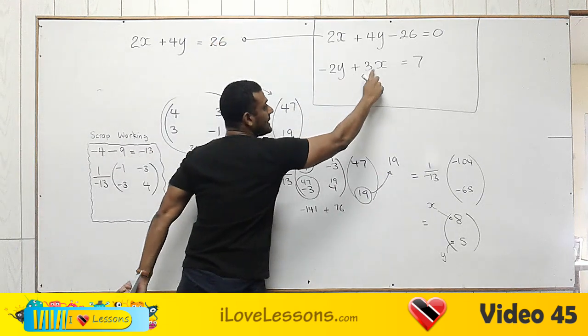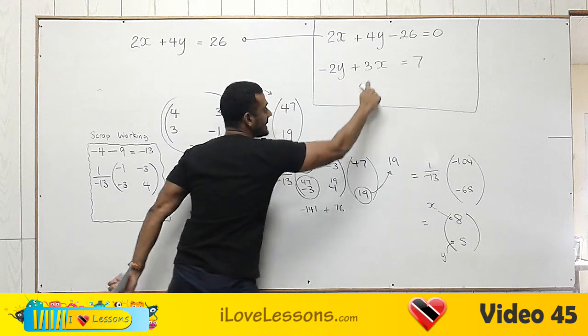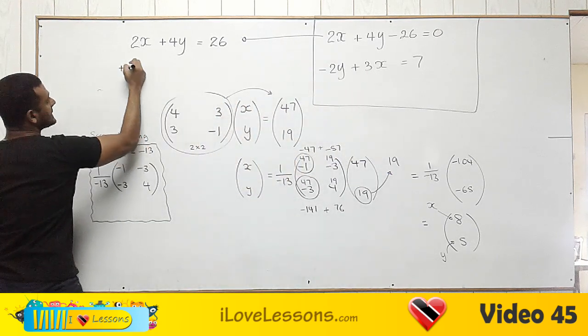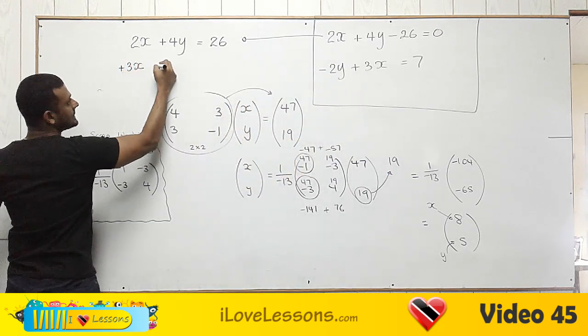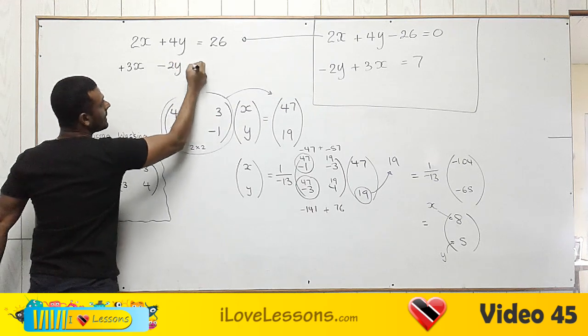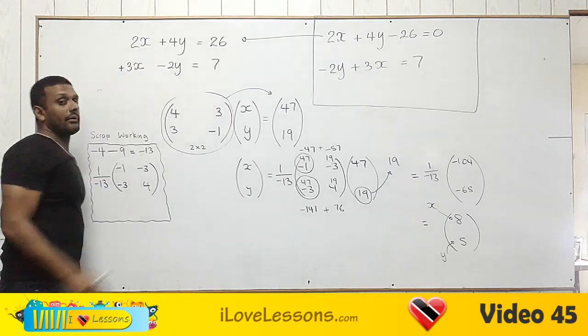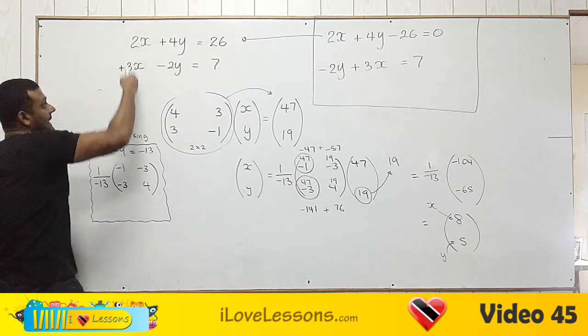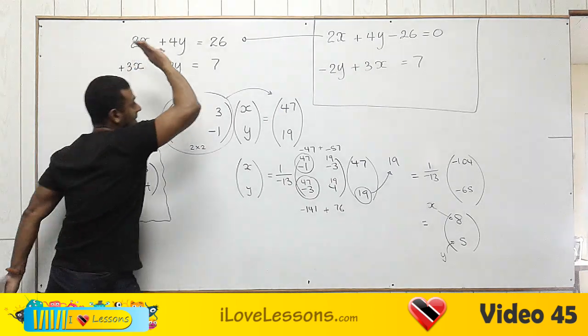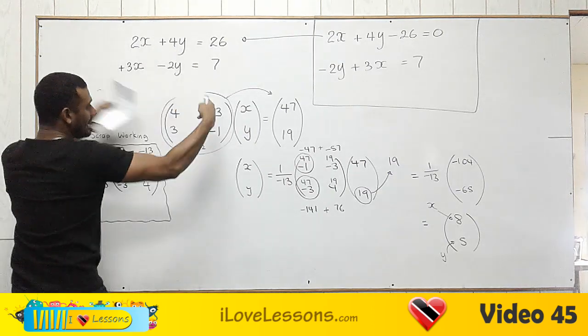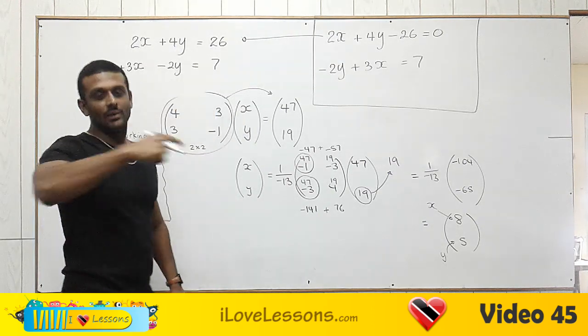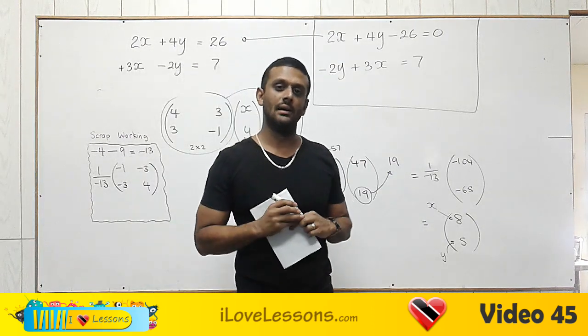And this here, we need to rearrange it. We need to put the x first and then the y. So the positive 3x will come first, then the minus 2y. Well, the 7 is already on the other side. Only when we rearrange it properly and the x's come first, then the y's, and then everything else, then we can extract the numbers and solve it using matrices.